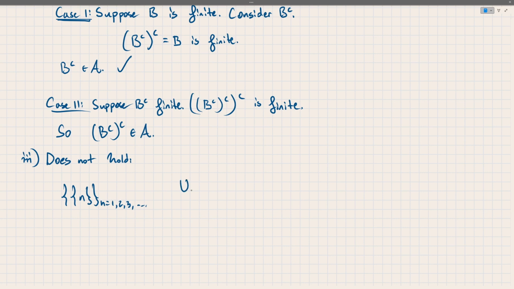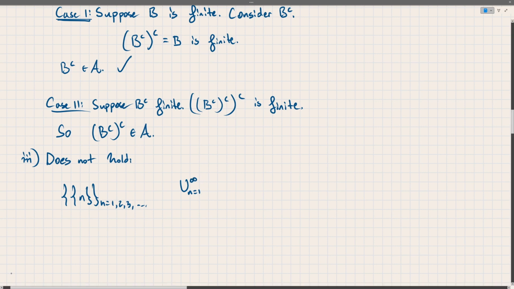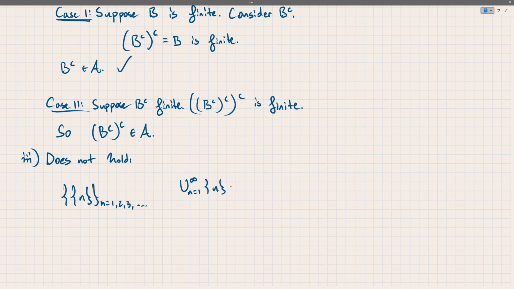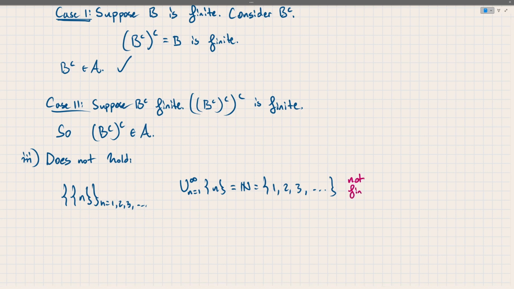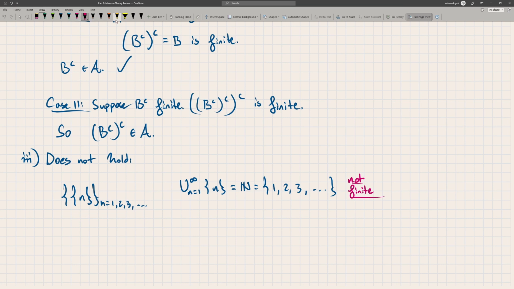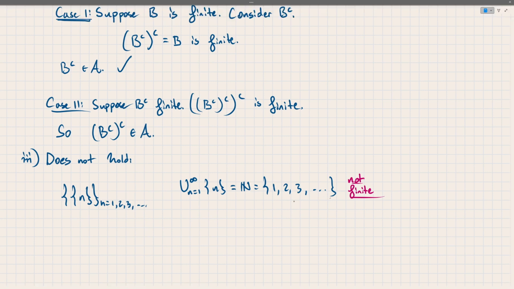The union from n equals 1 to infinity of this collection is going to be the natural numbers, which is the set 1, 2, 3, going on to infinity. Well, this is not finite. But is its complement finite? Maybe we have some hope, but our hope is quickly crushed when we realize the complement of this is not finite.